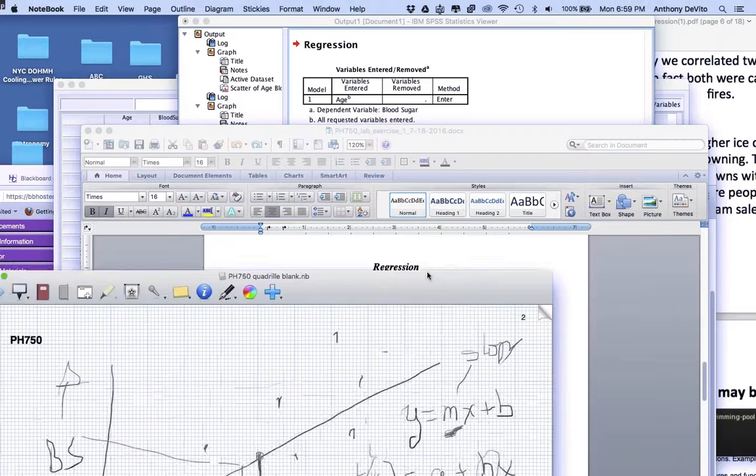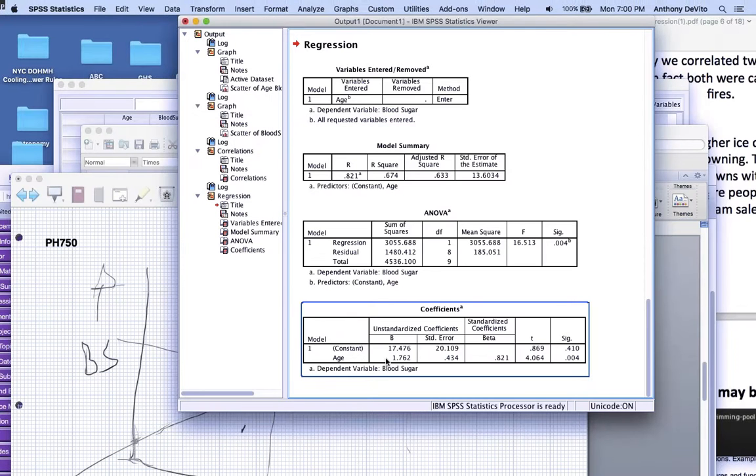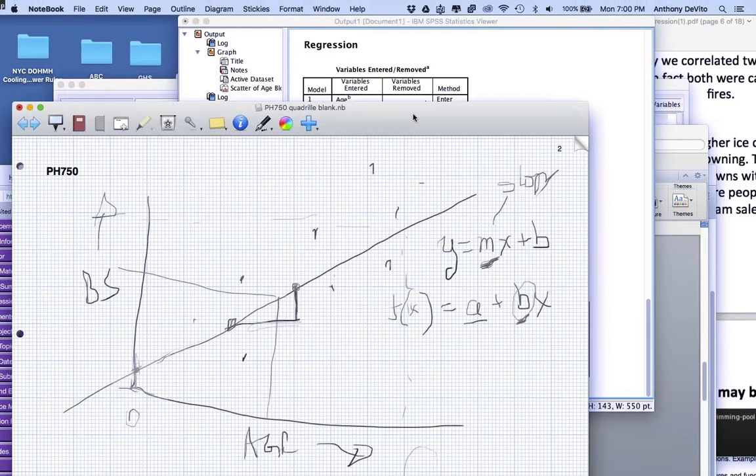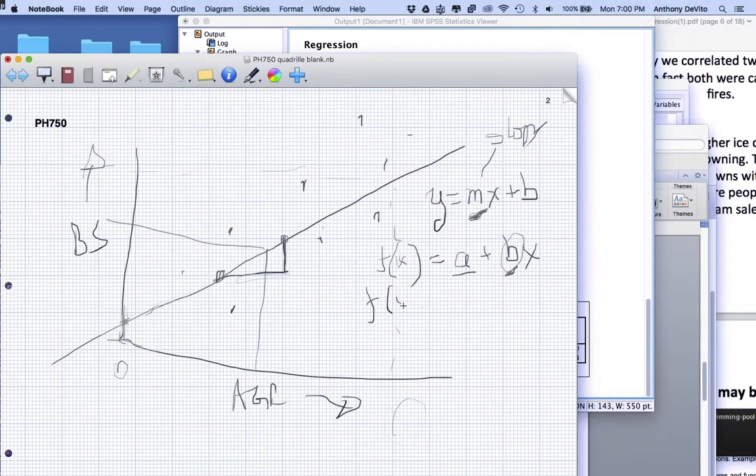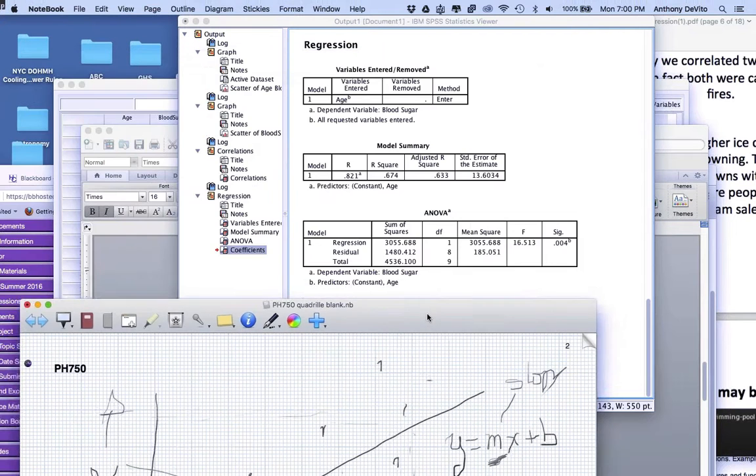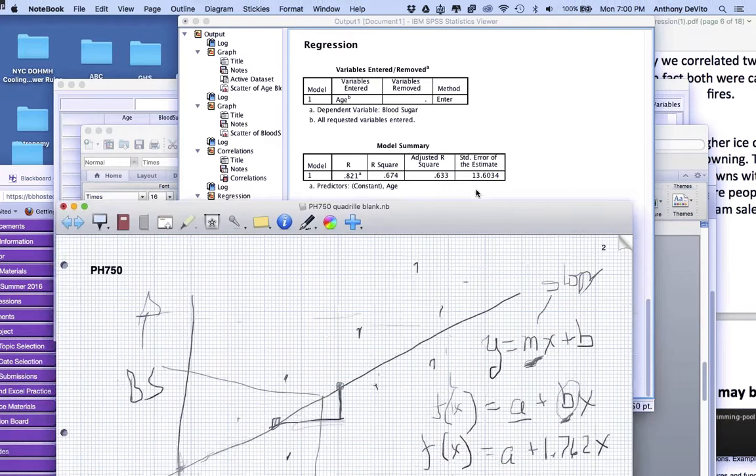Remember that value over here for age, that the coefficient is an age. The slope for our best fit line for age is equal to 1.762. So f of x is equal to a plus 1.762 times x. What is a again? That's the y-intercept, 17.46.